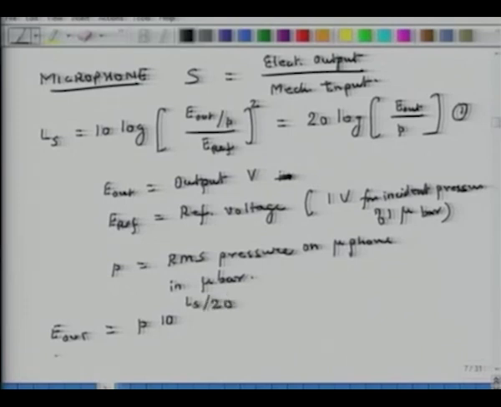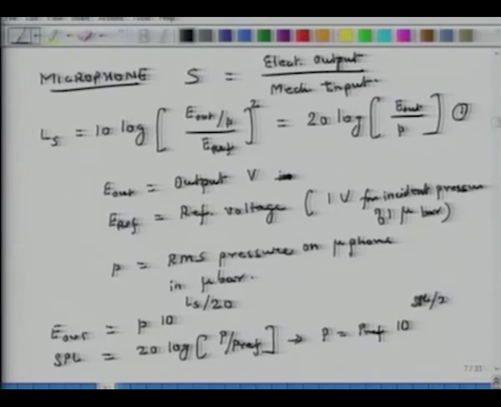We also know that SPL, sound pressure level, is 20 log of P divided by P ref. Which gives me P equals P ref times 10 to the power of SPL divided by 20.